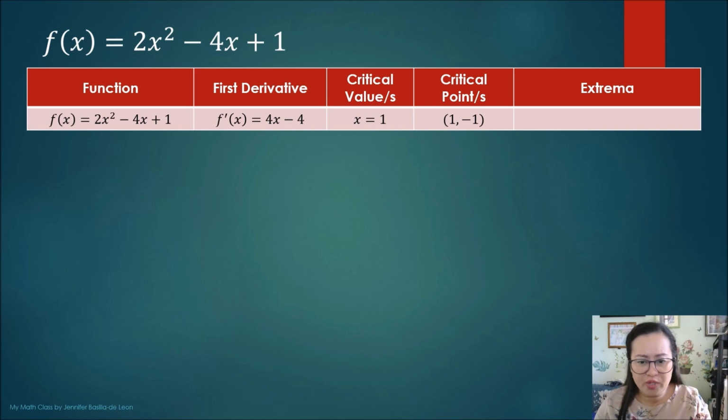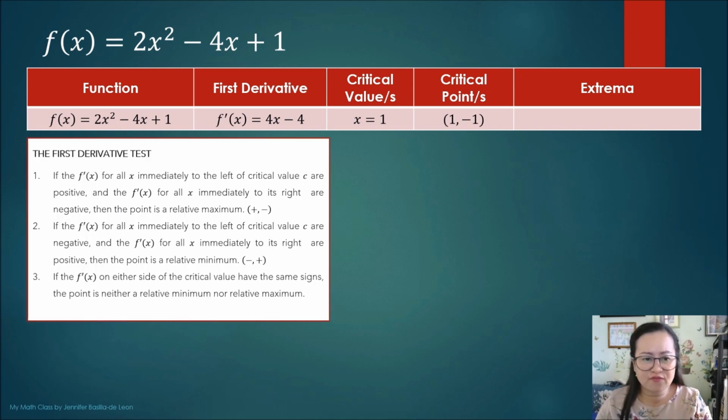Now, there are two ways in determining whether it's a relative minimum or maximum. The first method is using the first derivative test. There are three conditions.